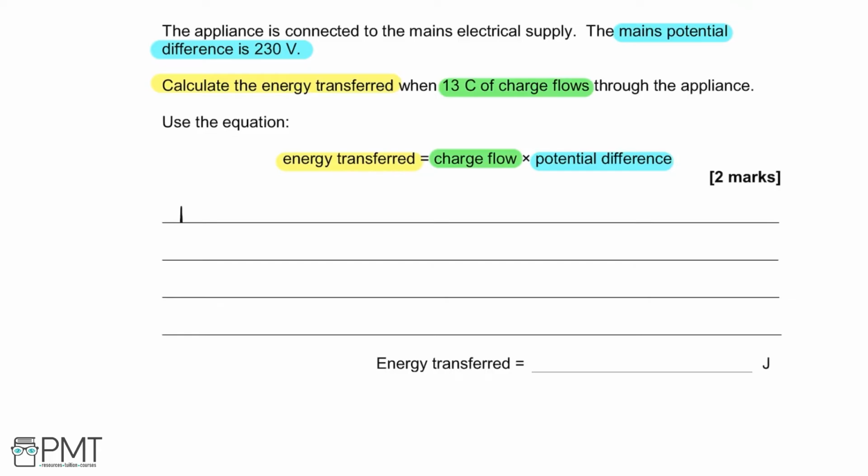Energy transferred equals charge flow, 13 coulombs, multiplied by potential difference, 230. And if you put that into your calculator, you'll get an answer of 2,990. We're given the units in the question. The units of energy is joules. So we'll just write 2,990 into the answer box.